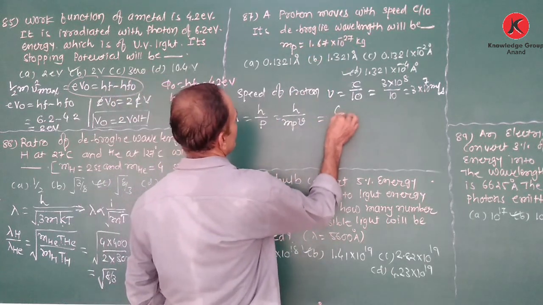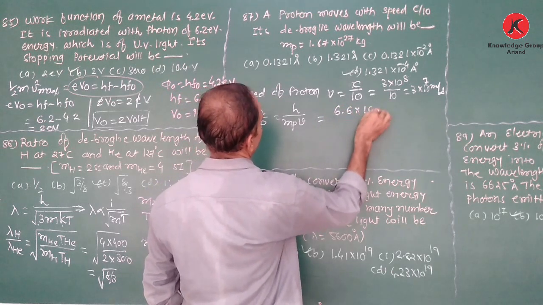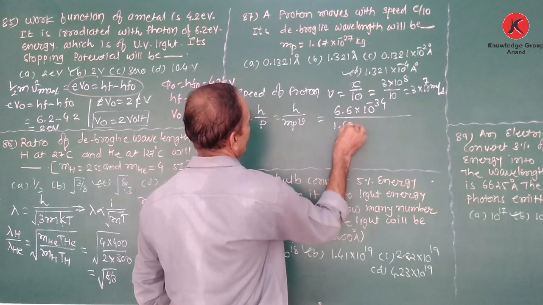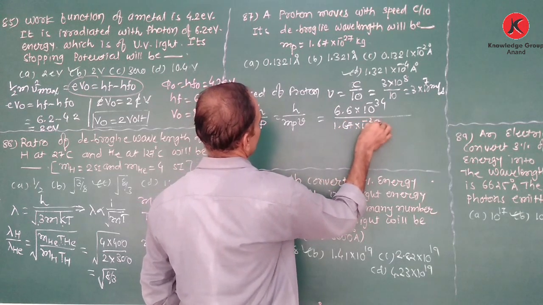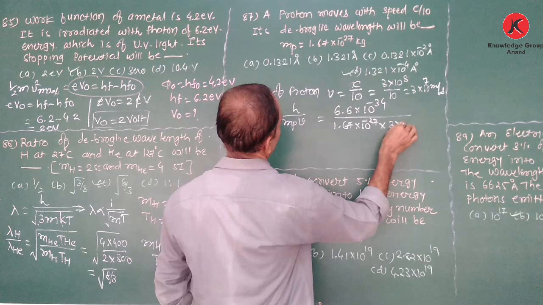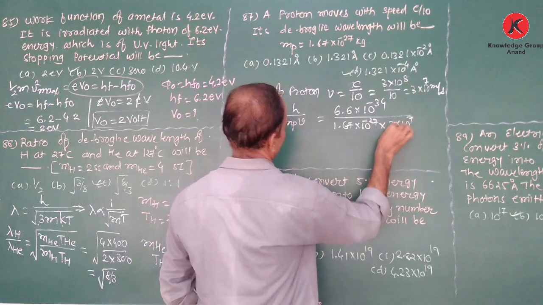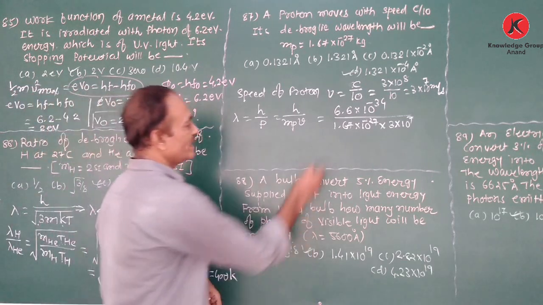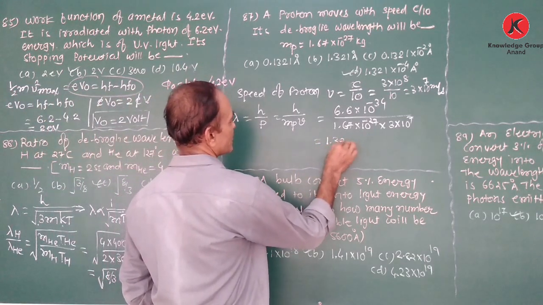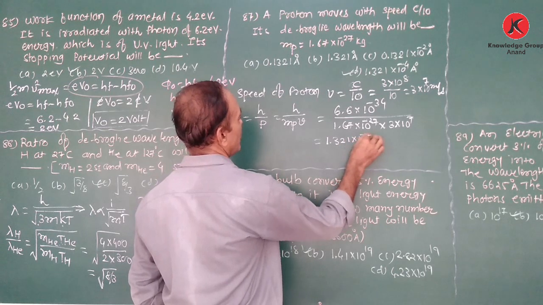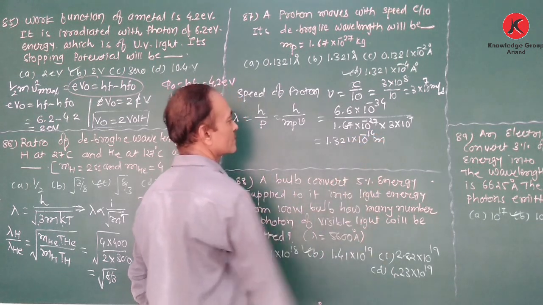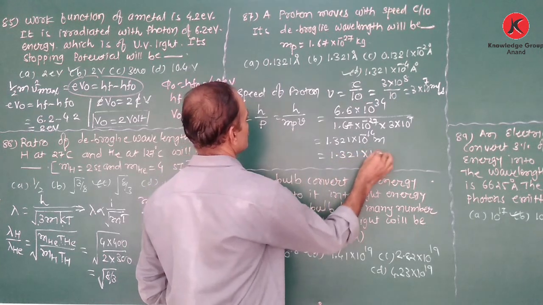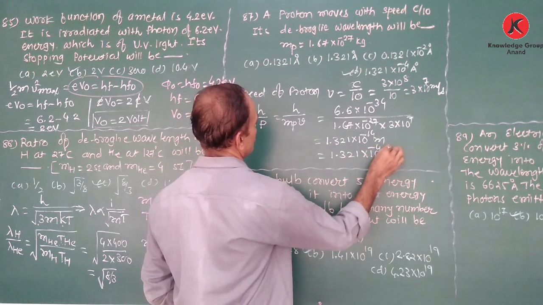Substitute the values: 6.6 into 10 to the minus 34 upon 1.67 into 10 to the minus 27, and the speed is 3 into 10 to the 7 meter per second. It is simplified, so we obtain the answer 1.321 into 10 to the minus 14 meter. Therefore, 1.321 into 10 to the minus 4 angstrom.